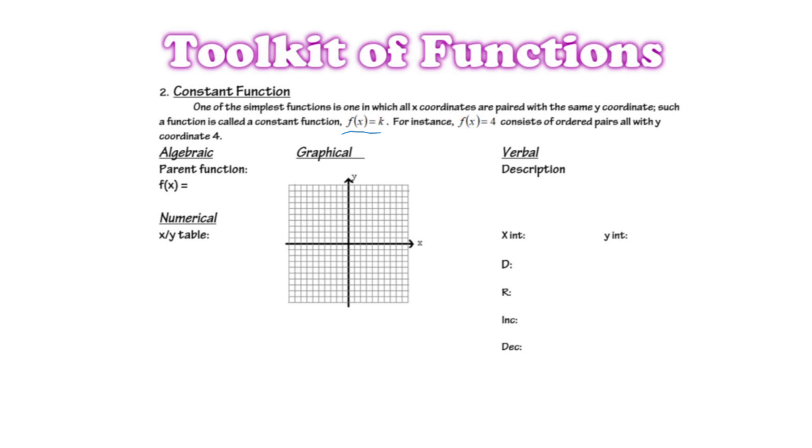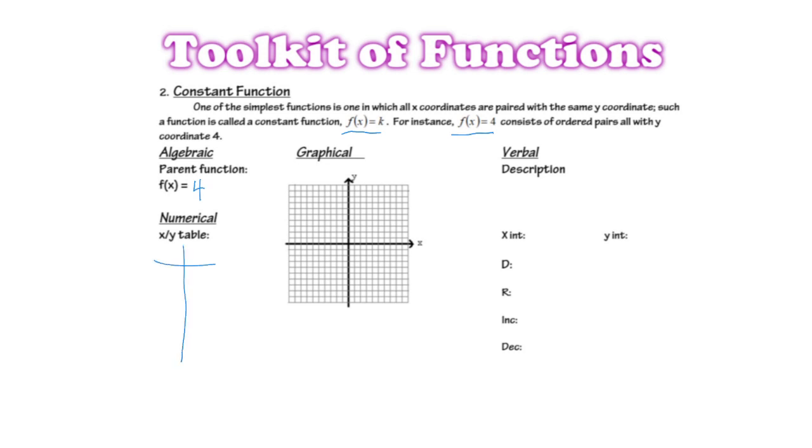To do an example, I have to designate k, so I just chose 4. So the y value, f of x, is always going to be 4. Algebraically, your equation would be y equals 4, or with a little more function notation, f of x equals 4.